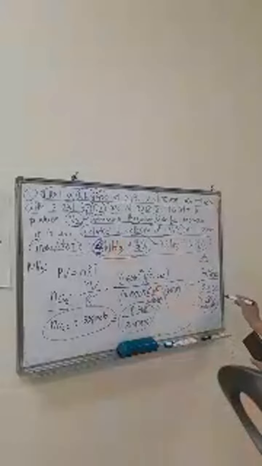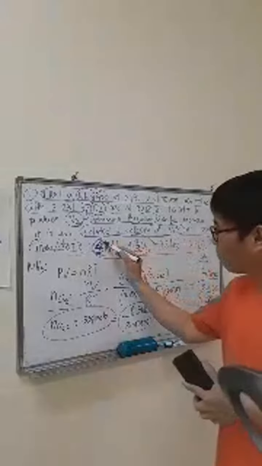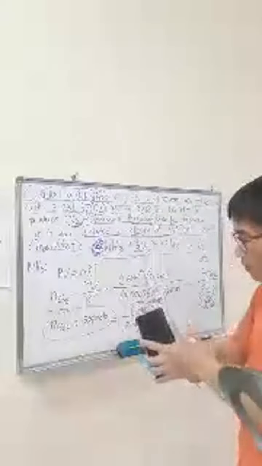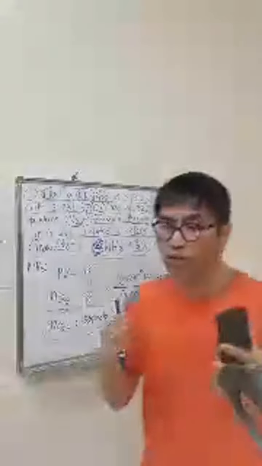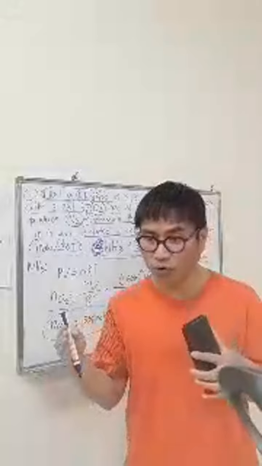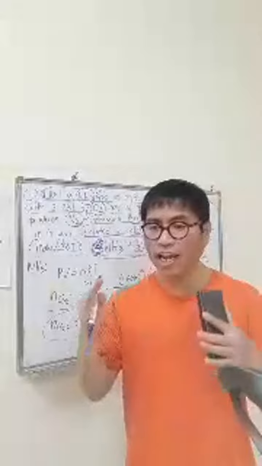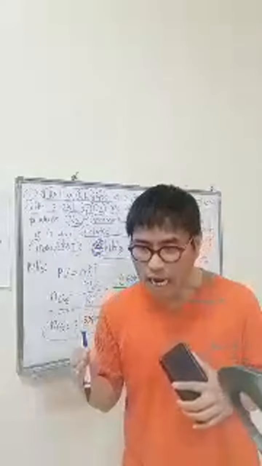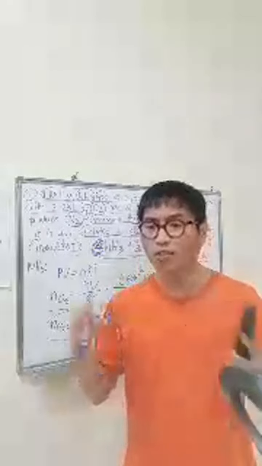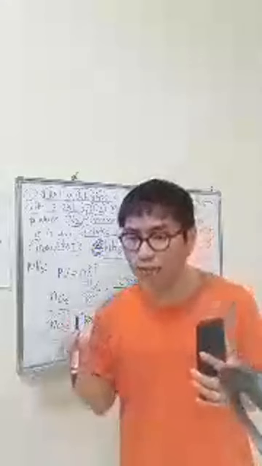So let's go first with the ammonia. 0.2856 divided by 4, because 4 is the coefficient of ammonia. The coefficient is technically the moles we refer to.